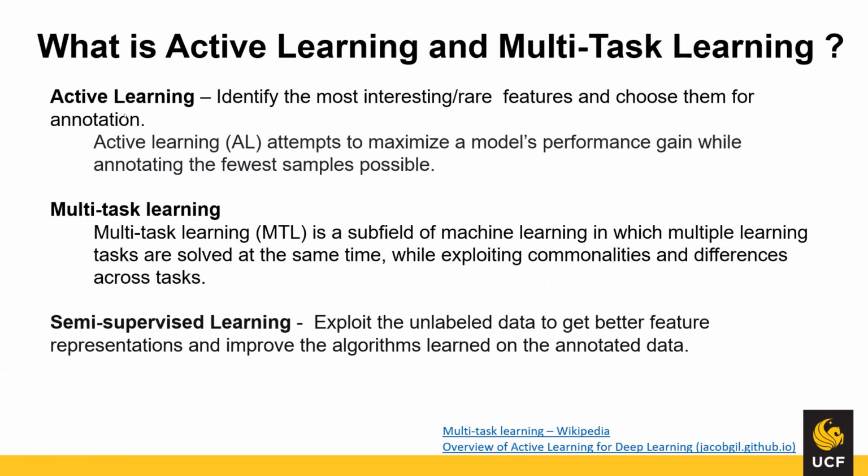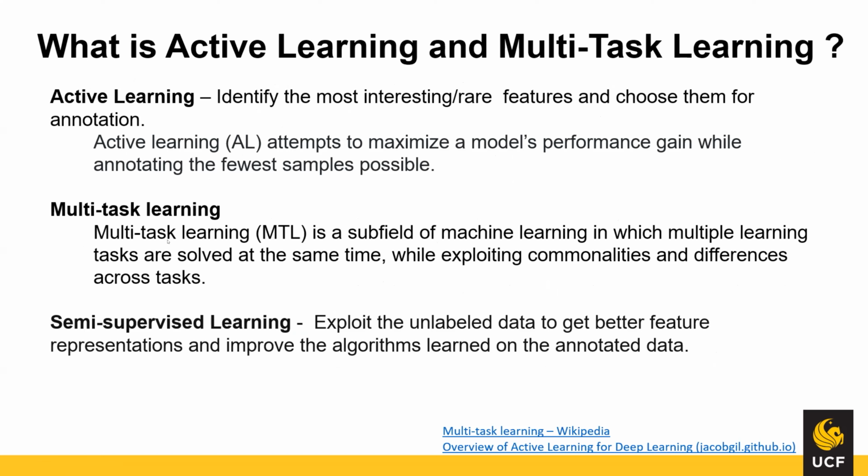So what active learning actually does is reduce the burden of training on unlabeled data. It tries to identify the most interesting and the rare features and choose them for annotation. Active learning also attempts to maximize the model's performance gain while annotating the fewest samples possible.